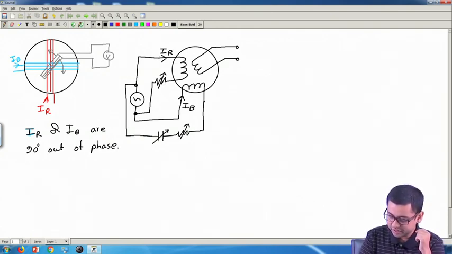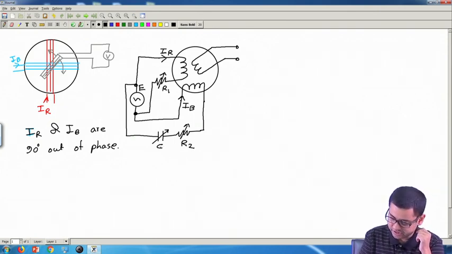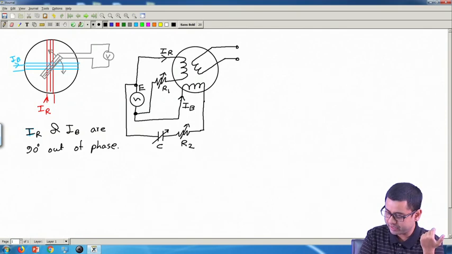Similarly, IB can be obtained by dividing this EMF, if this EMF is E, by the impedance of this circuit, which is the capacitor, 1 over j omega C, plus this resistance R1 and R2 plus its inductance. So you divide by that total impedance, you will get this current.